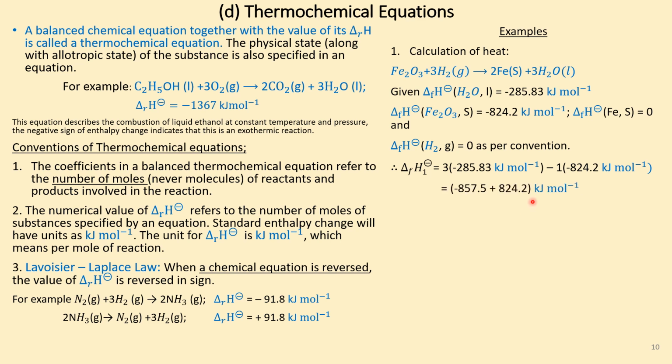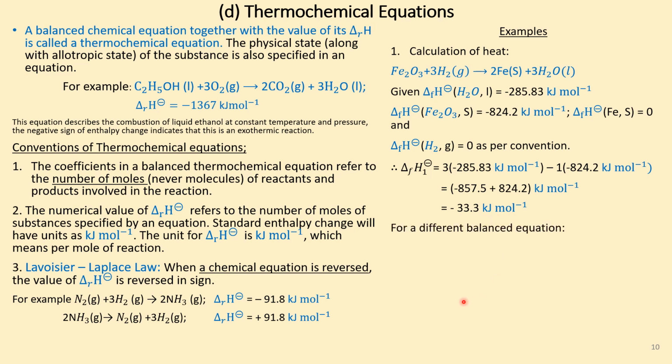That is equal to minus 857.5 plus 824.2 kilojoules per mole. Simplifying, we get minus 33.3 kilojoules per mole.